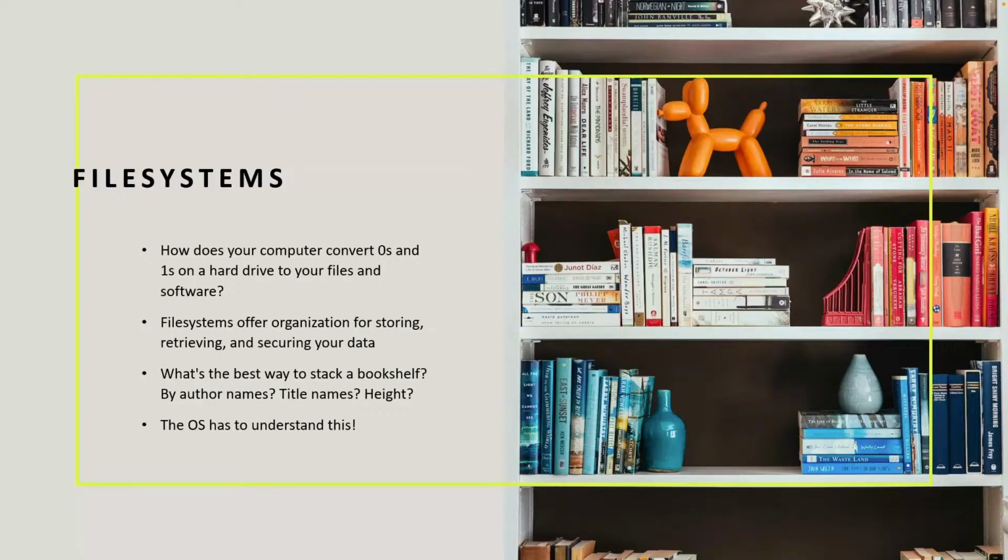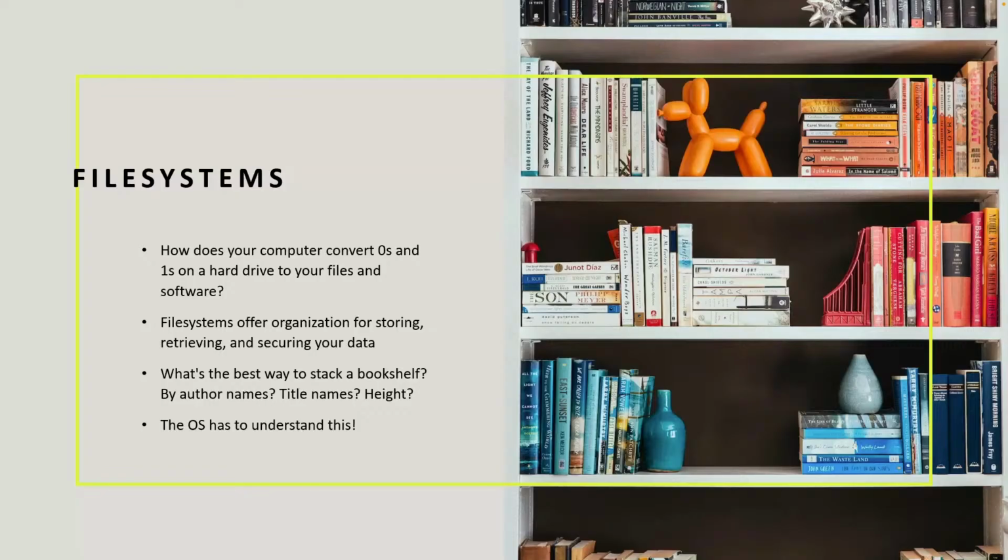I like to think about this as how you would stack a bookshelf, especially how you would stack it if you were in a library. You want to be able to find the book that you want, but there is no way to easily do that unless you have an organized process. Specifically, if you wanted to point somebody else to a specific book, you would start with which section it's in, which bookshelf it's on, which row it's on, where a certain author begins, or where the title names begin.